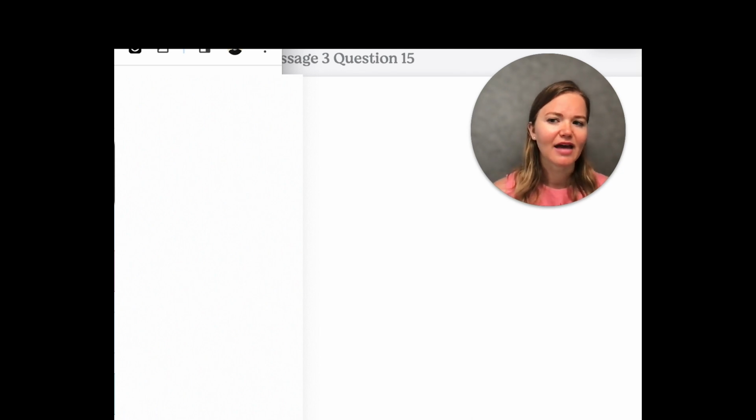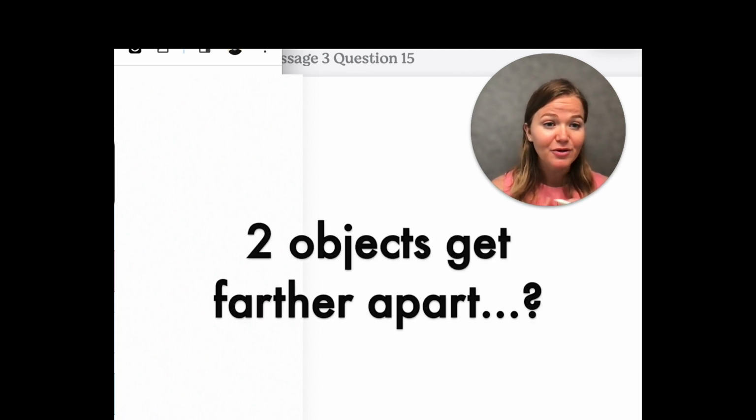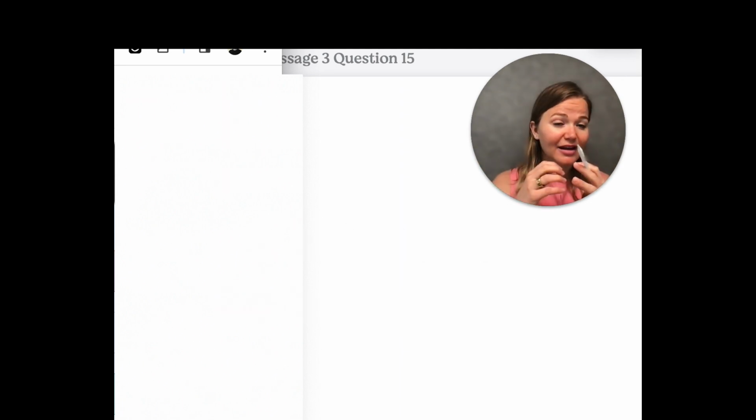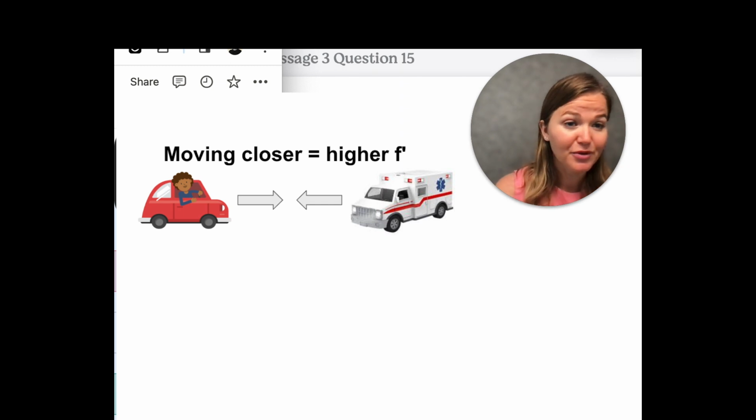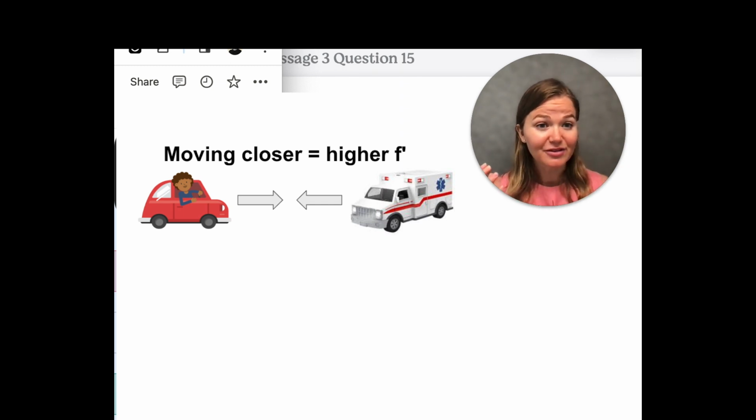So here it's just asking about what happens according to the Doppler effect when two objects are getting farther apart. Because, of course, as the speed of the jet flying away from the receiver increases, the objects are getting farther apart. Well, if we go back to our quintessential Doppler effect example, if you're in your car and you're driving and an ambulance is getting closer to you, then the perceived frequency is going to increase, right?